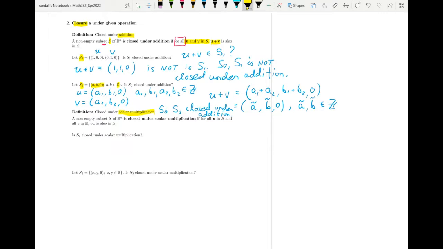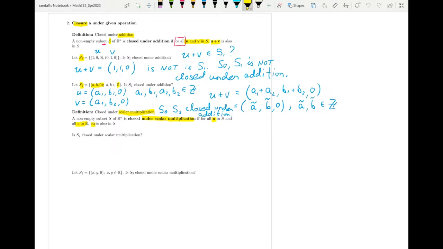So we say that a non-empty set of vectors, a subset of vectors in Rn, is closed under scalar multiplication if you pick any vector in S and any scalar in R, this new vector is also in S. So you see the notion of the word closed appears here again because you take a vector in the set and any scalar, and the new vector you get, c times u, is still within that set. So you haven't left that set. The set is closed. You cannot get out through scalar multiplication, in an informal way.